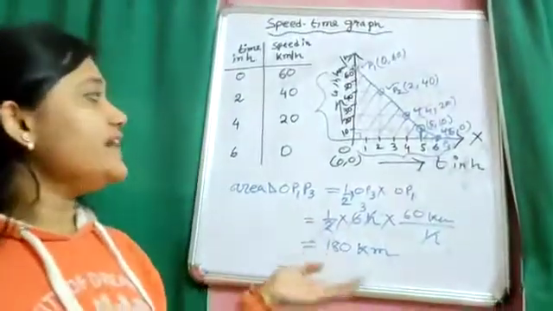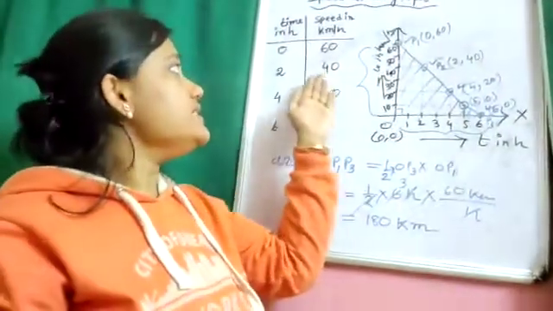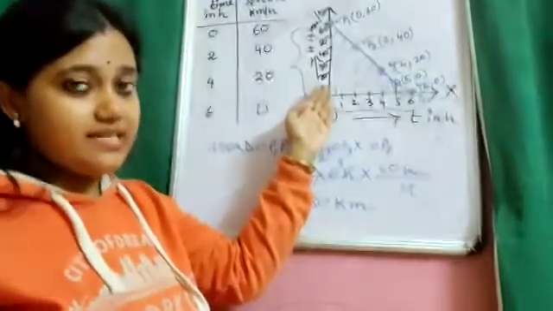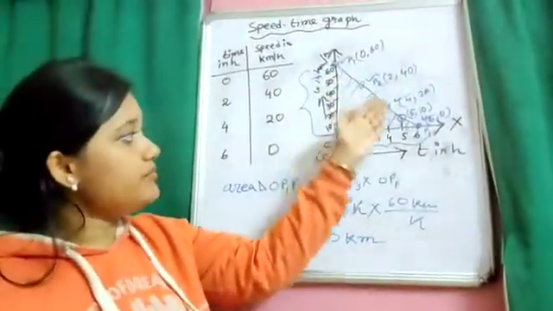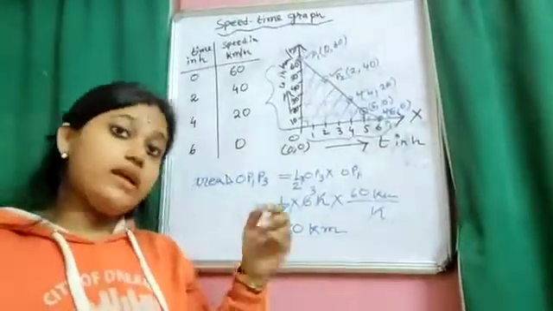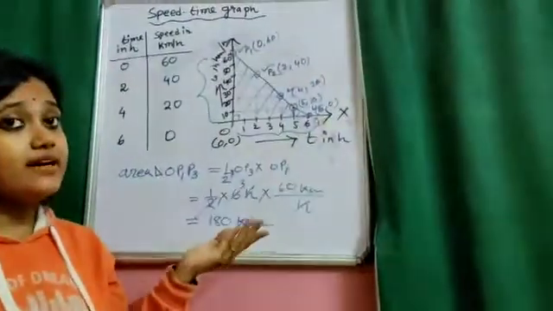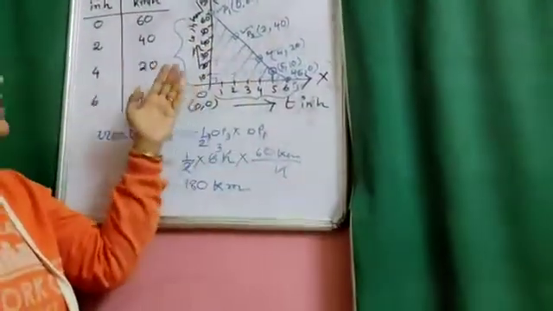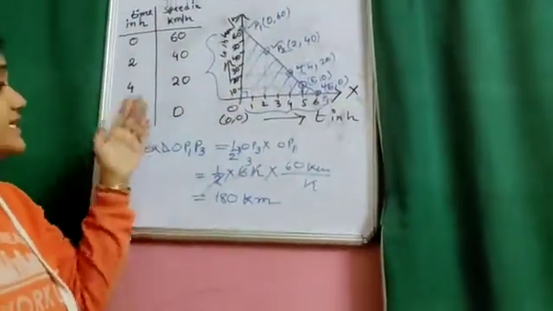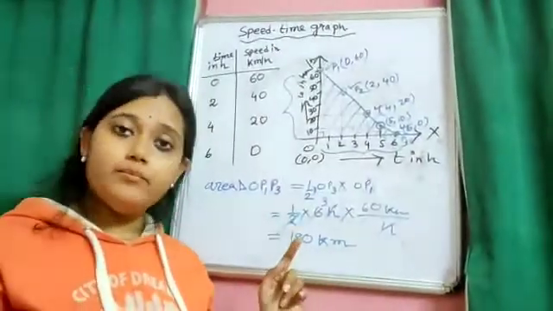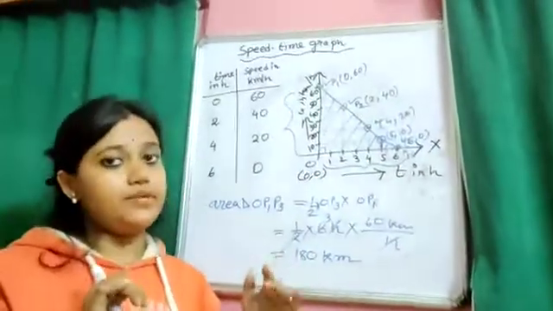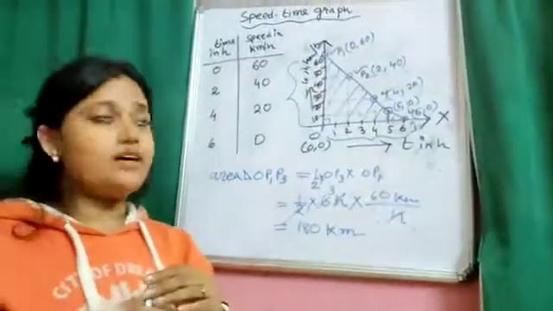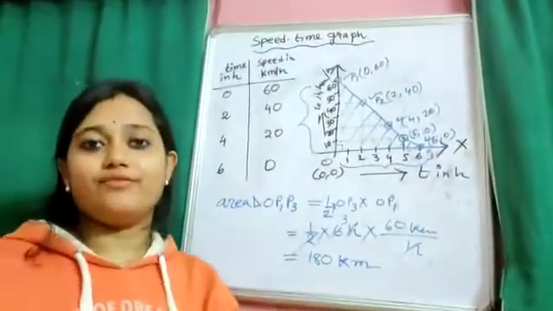Okay, I can find out any time's instantaneous speed or instantaneous velocity from this graph. Okay, and what else I can find out? The area under the curve tells us the distance covered by the body within this time period. Okay, so all of these data I can find out from this graph.